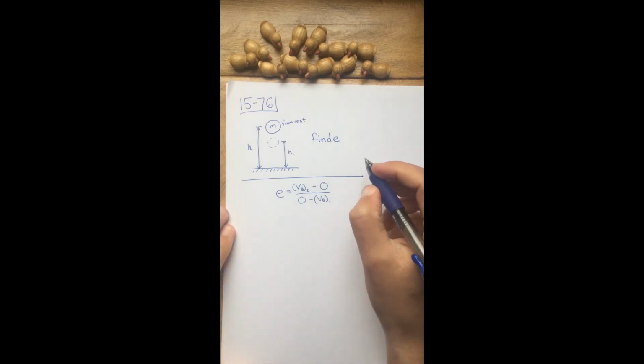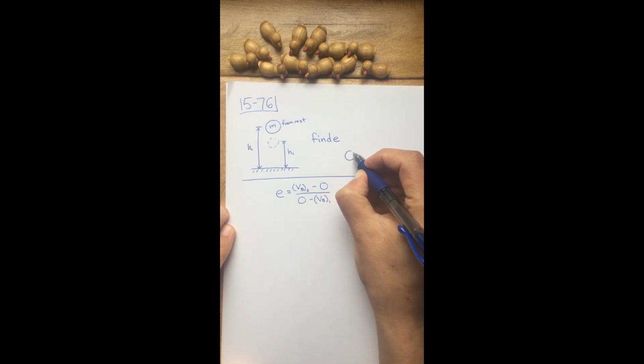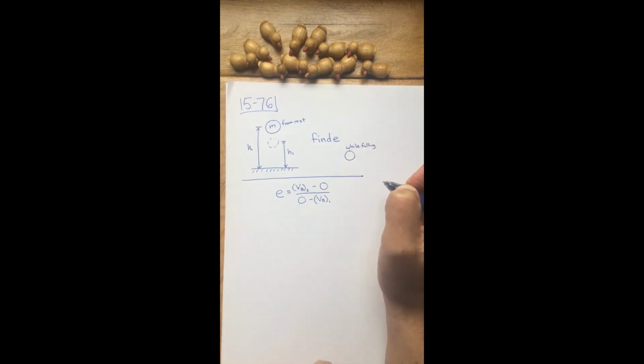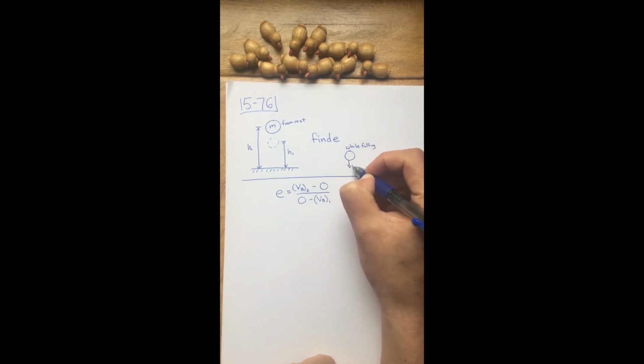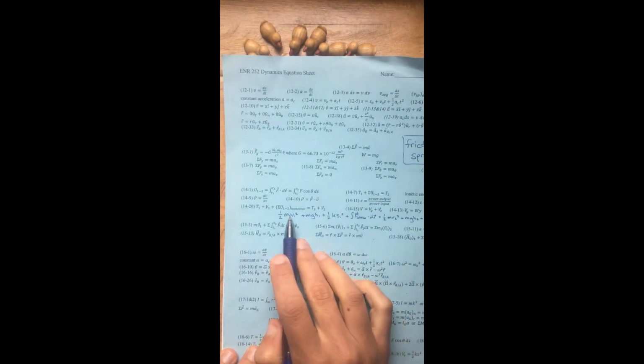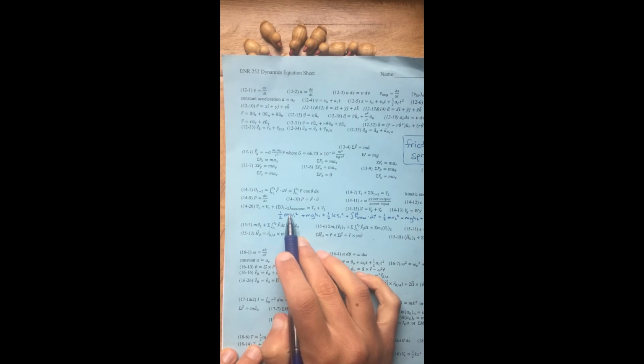If I do a free body diagram of the ball while falling, then the only force acting on the ball while it's falling is the force of gravity. So if I go back to my work energy relationship here, the work done by non-conservative forces is 0 because the only force that I have is the conservative force of gravity.